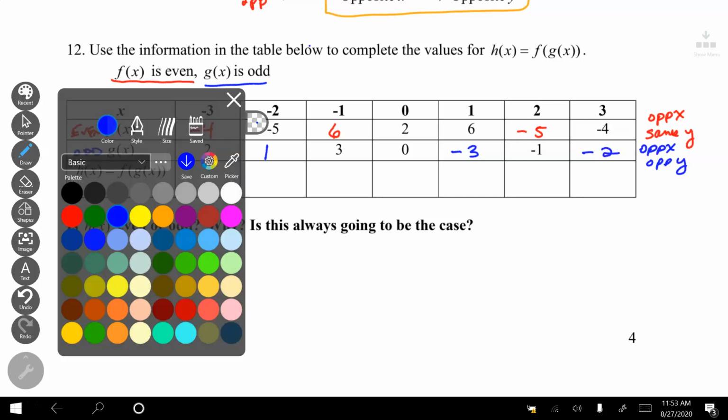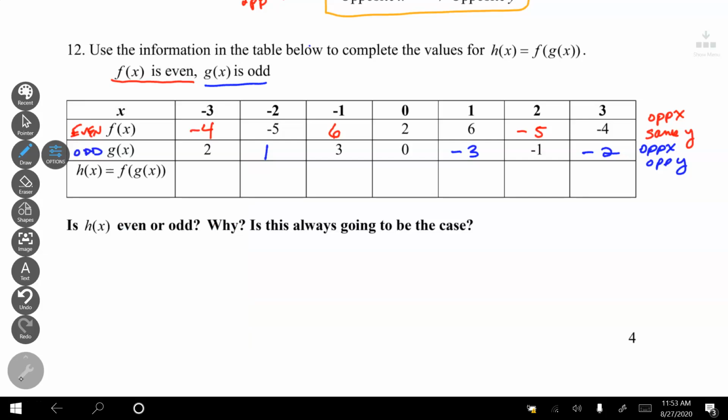And then finally, I have to do this composition, which means first I have to do g of x, and then I have to do h of x. So if I start here at negative 3, I'm going to finish up here in this block. It says go to negative 3 and go to the g function first. And I did that, and I have 2. And then I have to do a brand new input of 2, which is here.